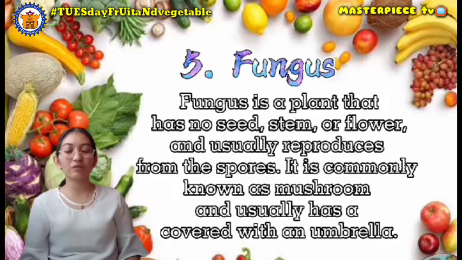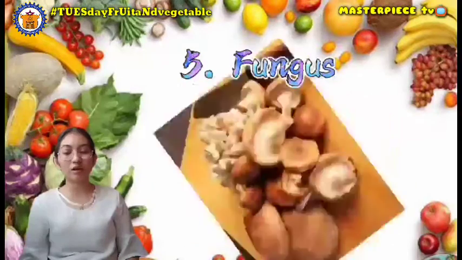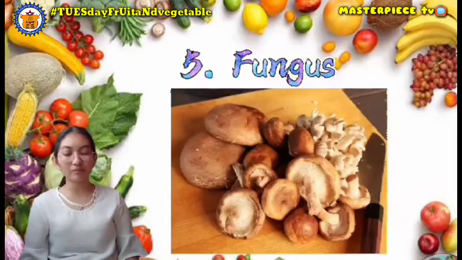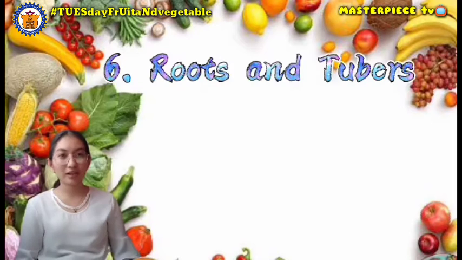One must be careful in selecting a mushroom, as not all varieties are edible and some can cause poisoning and can be fatal. For examples are button mushroom, shiitake, portabella, and porcini.